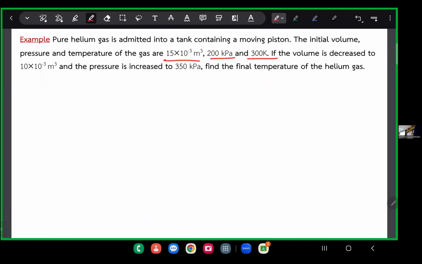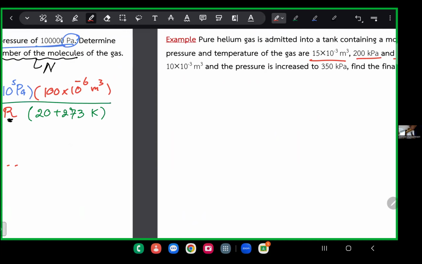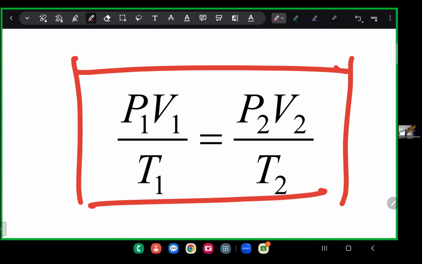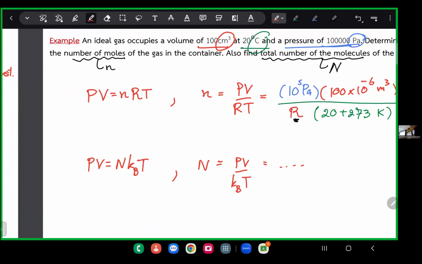This is what is happening when you want to go from one state to another state by manipulating those quantities. This is what happens in a gaseous system that can be easily calculated using this relationship right here. Because it has to follow this fixed relationship all the time. So you can just use that here.